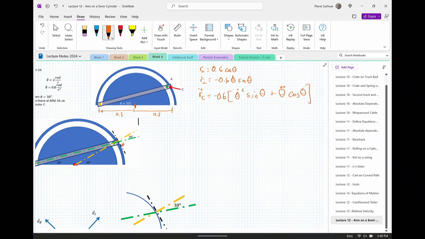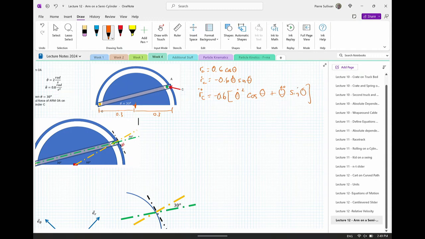All right, so we have r's. Go ahead. You took the derivative, would it be theta dot squared cosine theta? Oh no, it's the chain rule. Oh yeah, it is cosine, and that should be sine. Thank you.